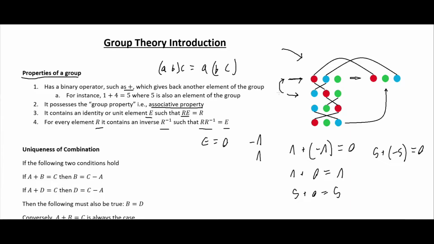The identity would be not switching anything. You can switch the red and blue, then do another one where you switch the red and green, then another where you switch the red and blue, and then you get back up to here, where this one and this one are actually the same.